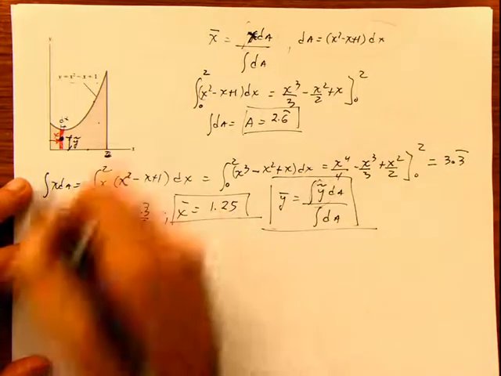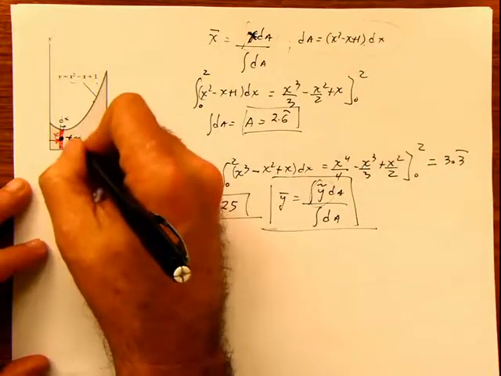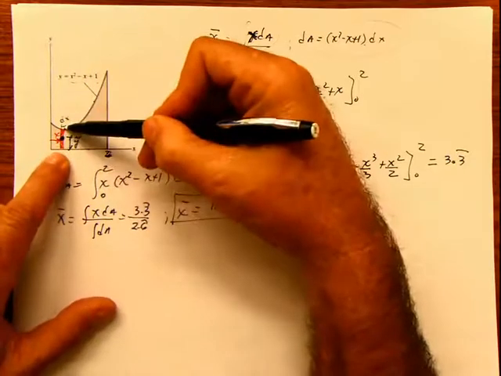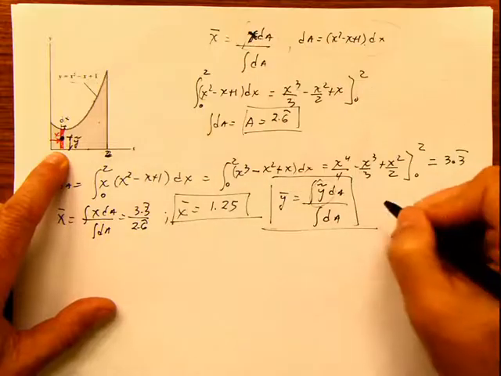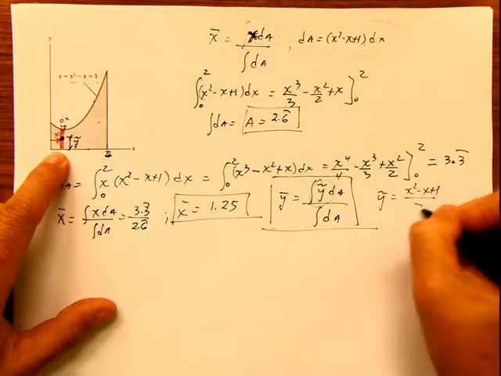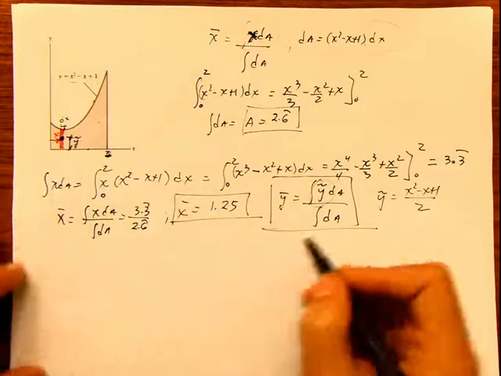This is the y that I have to use if I keep the same differential of area. Now, what is this wiggly y? Half of this. I know that the total of this is this height, so this wiggly y is going to be x squared minus x plus 1 divided by 2, because that's the distance to the centroid of that shape. And then I can use the same one.